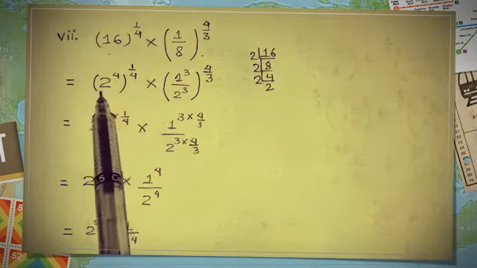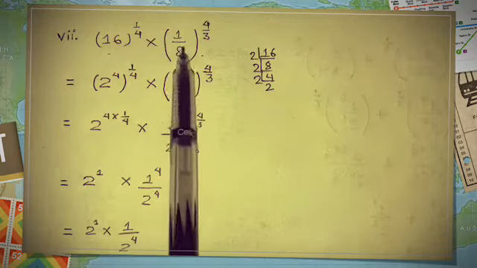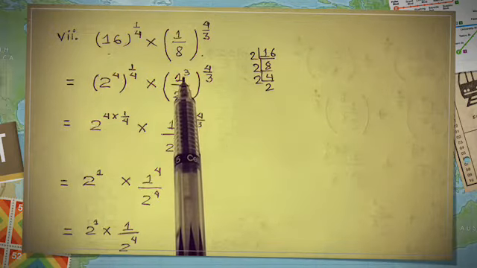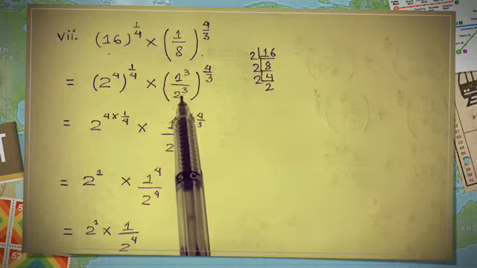So in place of 16 we can write 2 to the power 4, and 1 is expressed as 1 cube because 1 cube is also 1, and again 8 is 2 to the power 3.